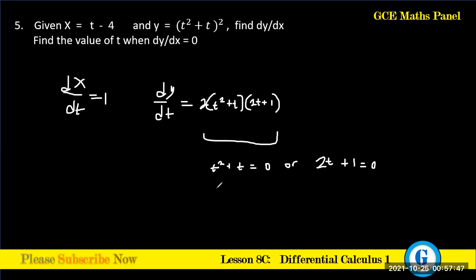This first one, we will have t times (t plus 1) equals 0. And from here, either t will be equal to 0 or t is equal to minus 1.